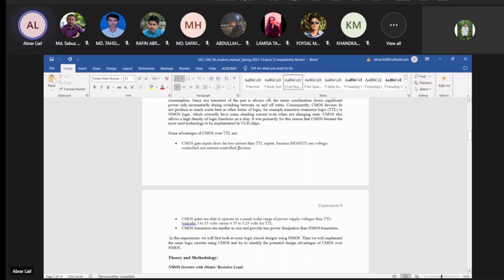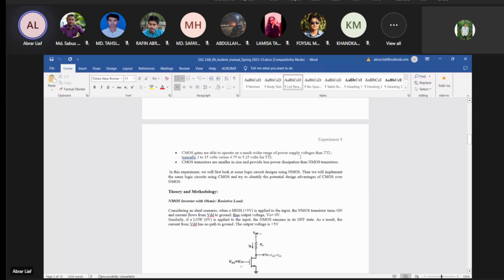That means you are not limited to a certain power source. You have flexibility. The third one is that CMOS transistors are smaller in size and provide less power dissipation. That means they are small and do not dissipate a lot of power when not used. So the power depletion is less.